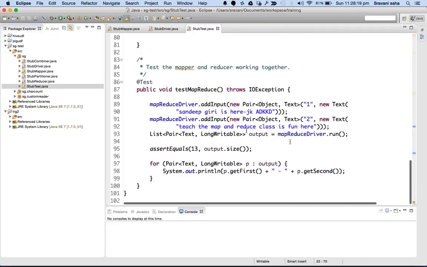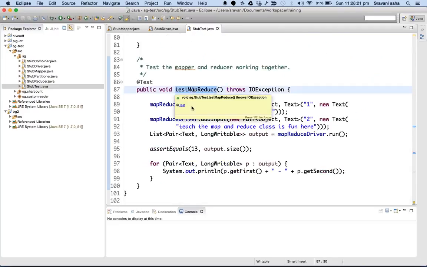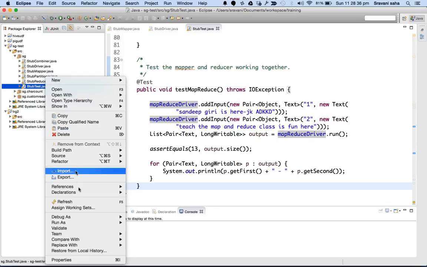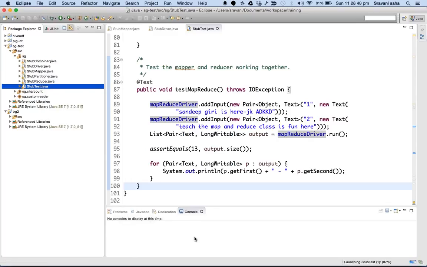I've just written a very rudimentary test case where there is a test map reduce, and all it does is create some dummy input data and then run my word count program. So let me try to run this one also. I can say run as JUnit test.